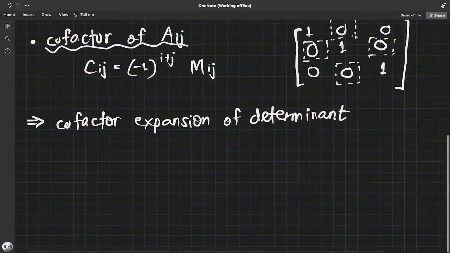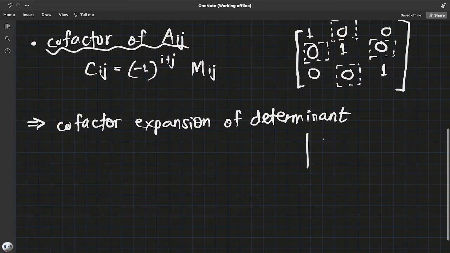So what you can do is you can define a determinant for a 2x2 system, and you can have everything be sort of like a recursive case of that.